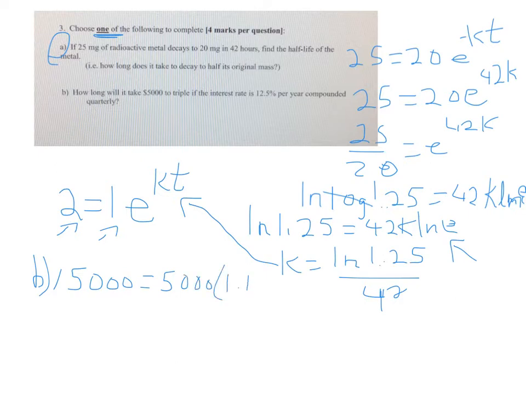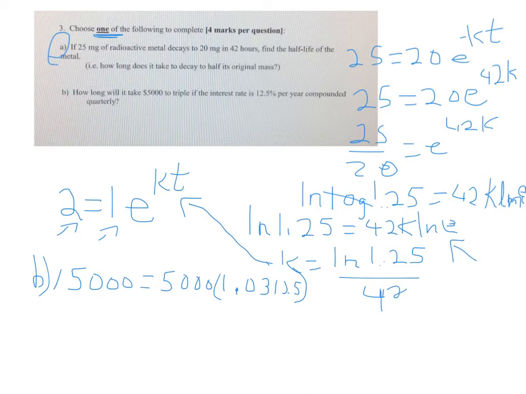And we are making 12.5% interest. Sorry, it's not 12.5, and that's a quarterly amount, so we would divide that by 4. So that would be 1.03125, I believe.